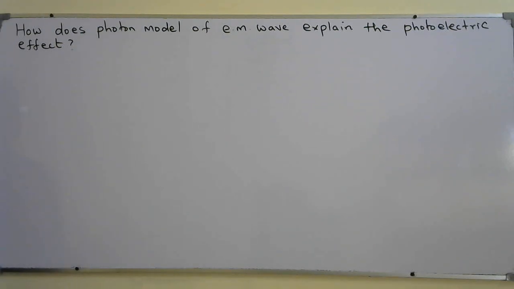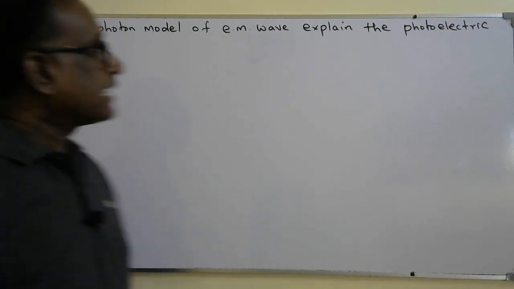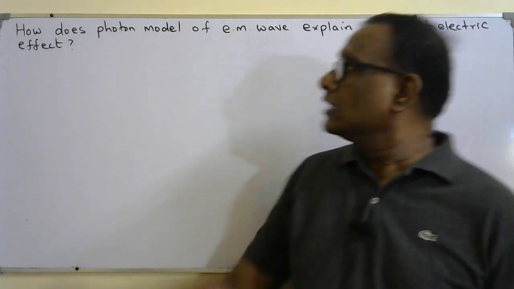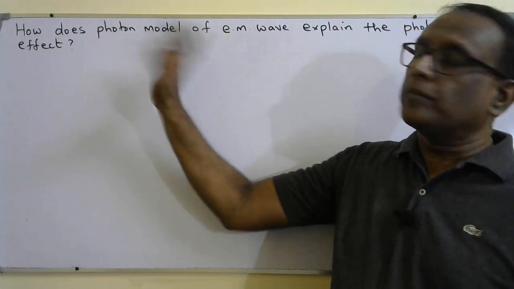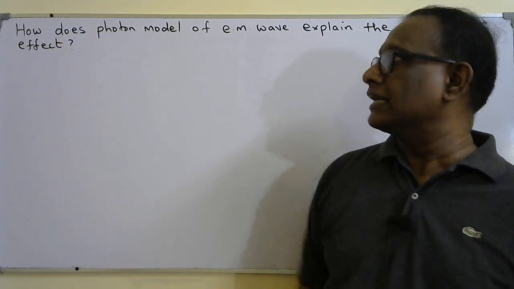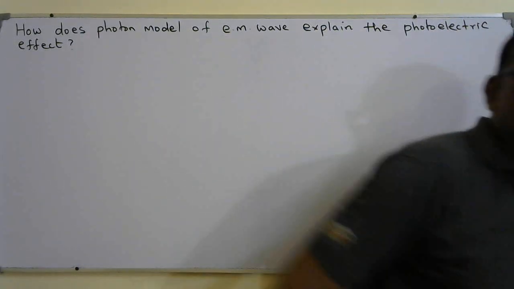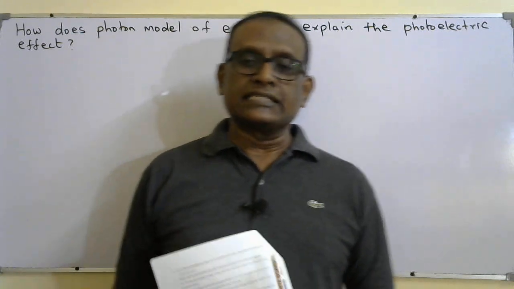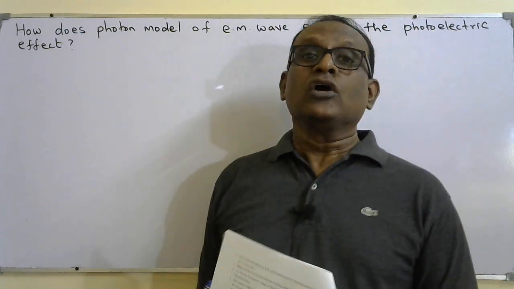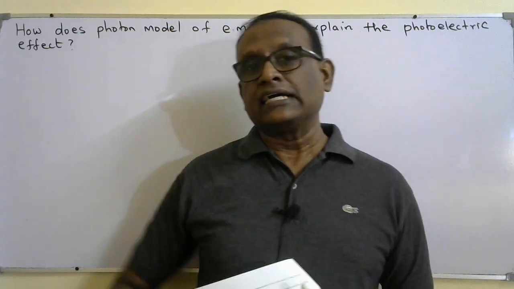Okay, so how does the photon model of electromagnetic wave explain the photoelectric effect, or how does the particle nature of light, or particle model of light, explain the photoelectric effect? Several ways they ask. We learned that already, I discussed the failures of the wave model or classical wave theory.